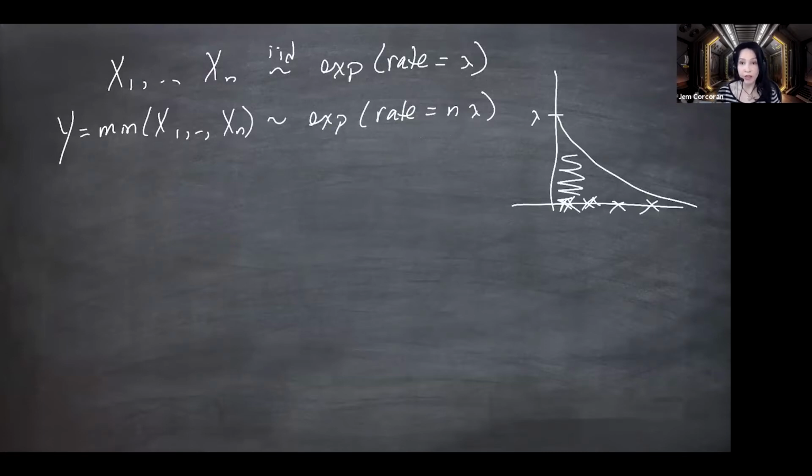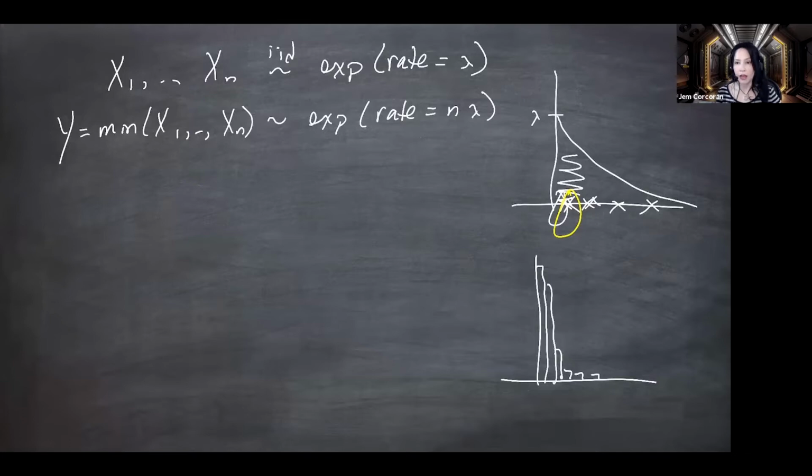If you grab a sample of size, say, 20 x's and look at the minimum, you get a number. Then if you erased everything, grabbed another sample of size 20 and looked at the minimum again, you would get another number somewhere down here. If you collected all those minimums and made a histogram, they would be piled up in a really spiky way at 0, which turns out to be another exponential. And it starts way up here at n lambda, way up if n is large.